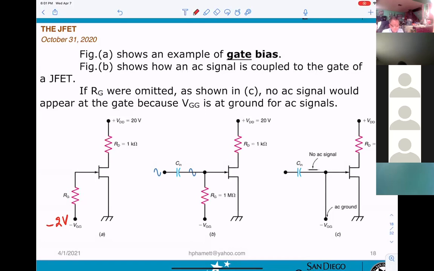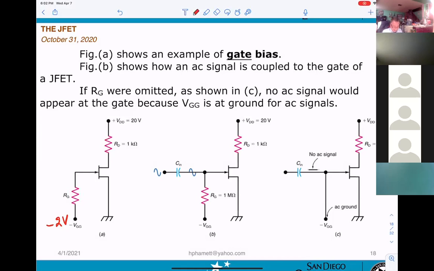I mean, the techniques you would use for biasing are similar. They must get the same DC to make the transistor work. Okay, thank you.